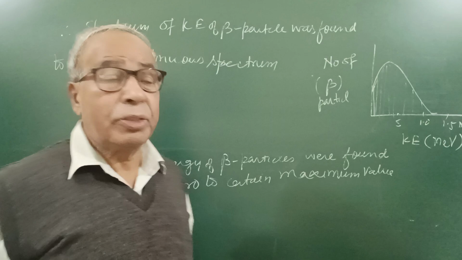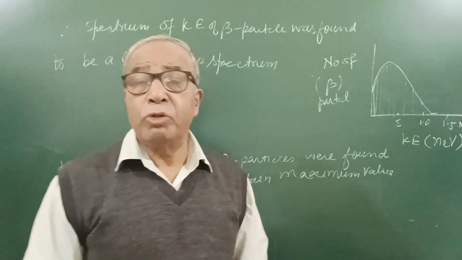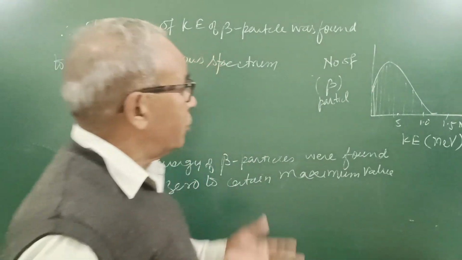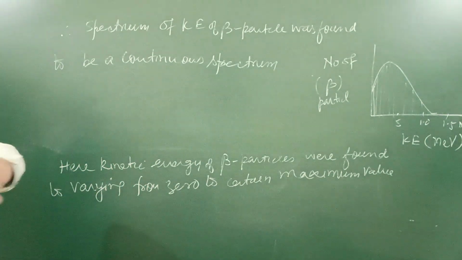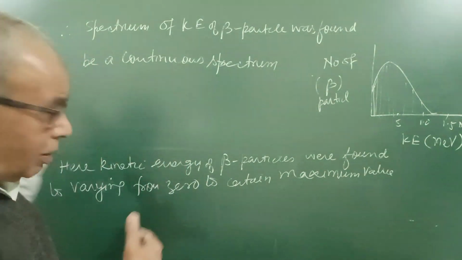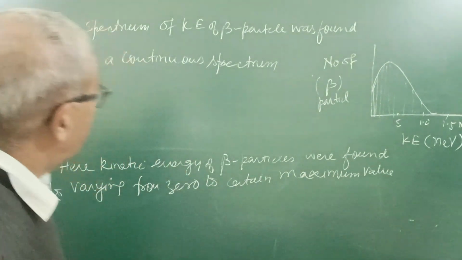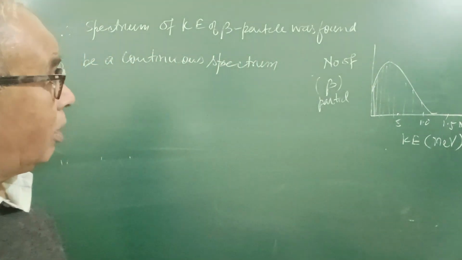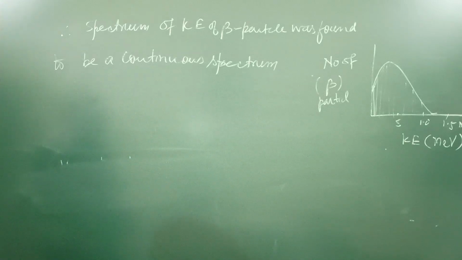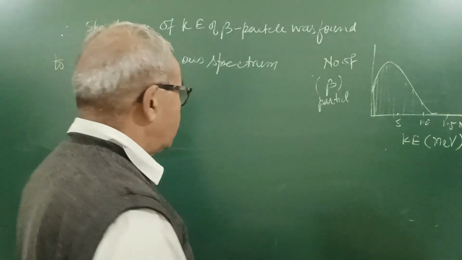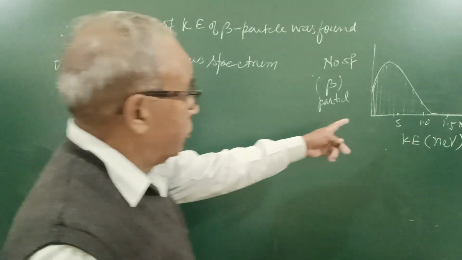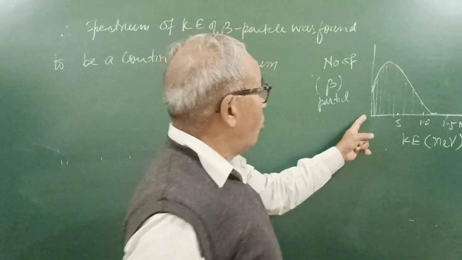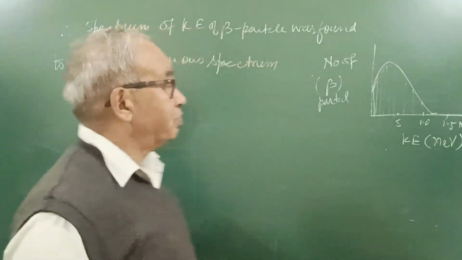Once there was a question in the board exam; in our NCERT book, they have eliminated this thing and are writing directly what I will be telling you now. Why should the emitted electrons not have the same value of energy? But it was found practically like this. So why is it so?